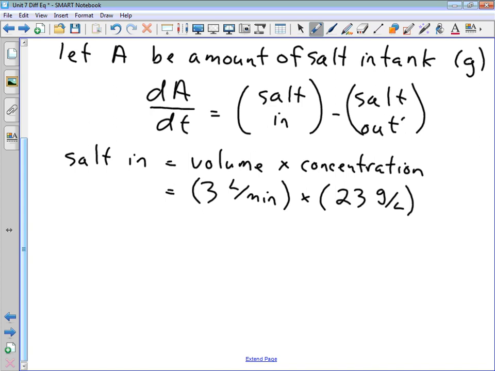If we multiply these two things together, the liters, top and bottom, are going to cancel out, and we're going to be left with the rate at which salt is coming in, 69 grams per minute. So that's the rate at which the water is coming in times the concentration of salt in that water.